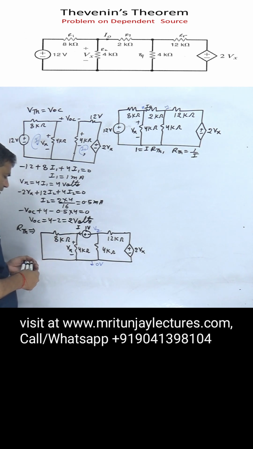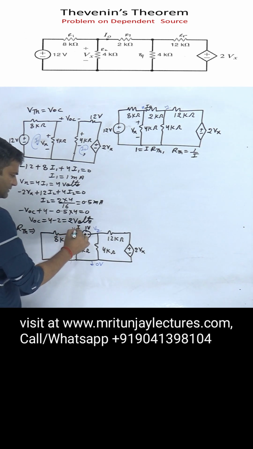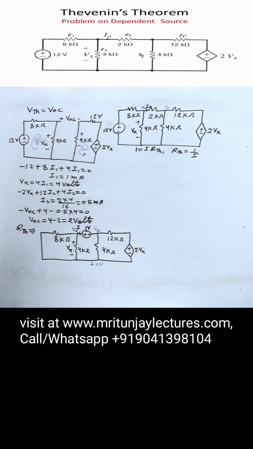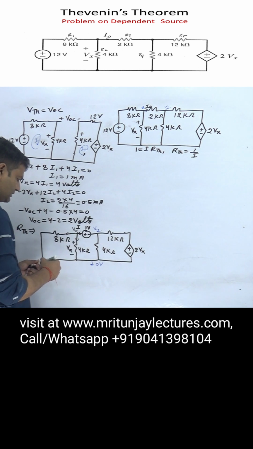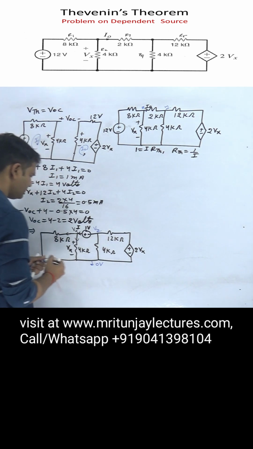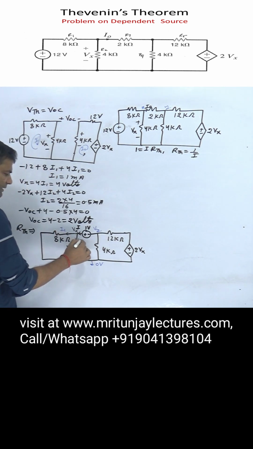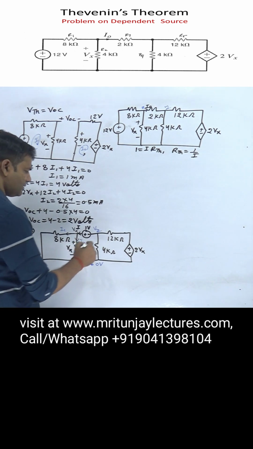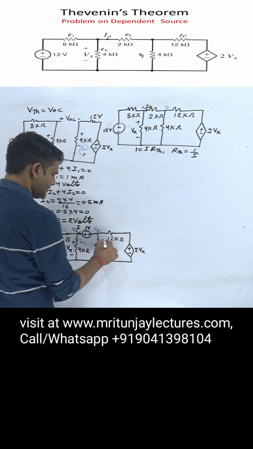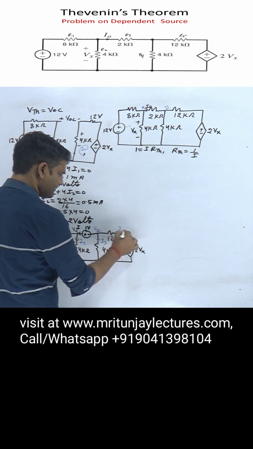So you can write here Vx. Clear? Now in this branch and this branch, assume currents I1 and I2 here, and I3 and I4 here.